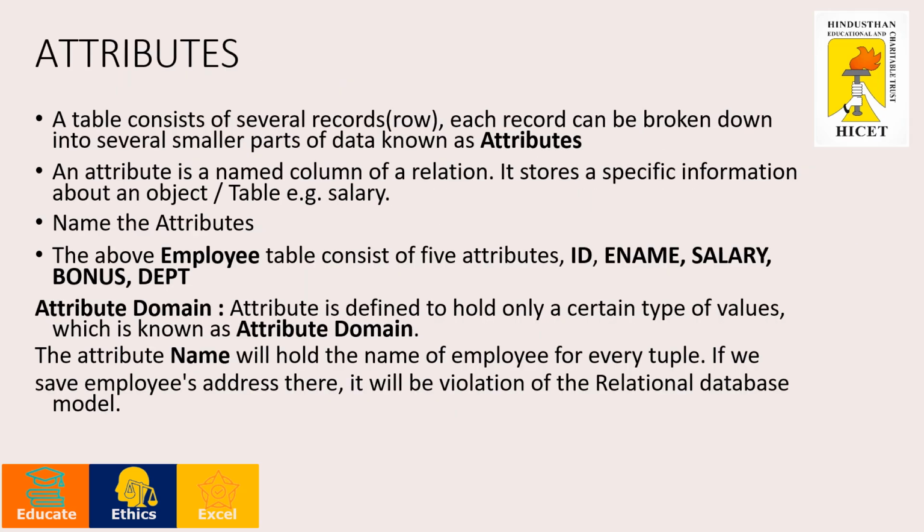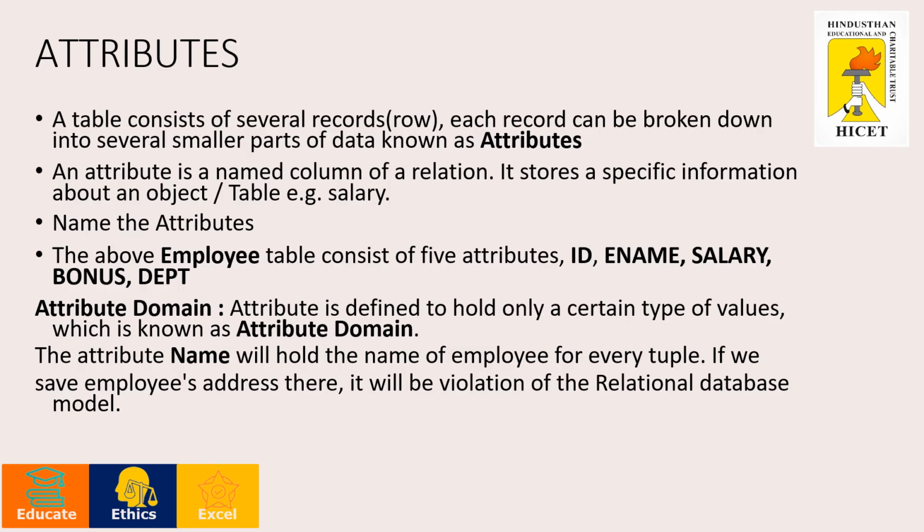Next comes attributes. As we said, a table is a collection of rows and columns. Now coming to the columns. The columns are otherwise represented by the name attributes or by the name field. So an attribute is a column in the given table, and it specifies the name of the information. It specifies the specific information of an object or a table entry.